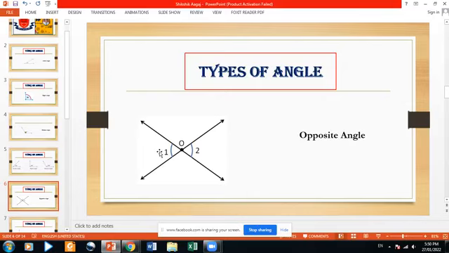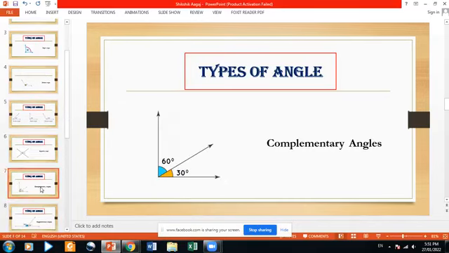If angle 1 is 75 degrees, then angle 2 is also 75 degrees. So remember that the measurement of opposite angles is always the same. They are equal in measurement.